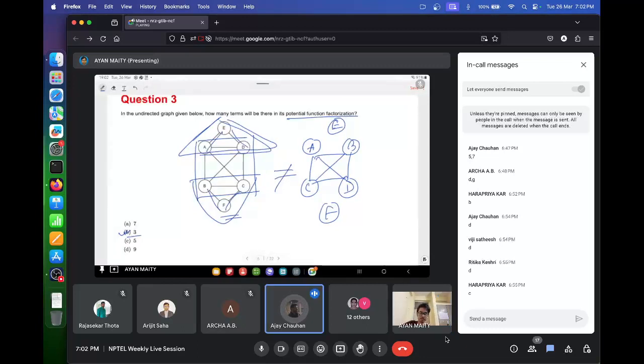So can we further factorize this A, B, C, D? It is possible, but I don't know whether that is allowed or not. I have to study that in detail.